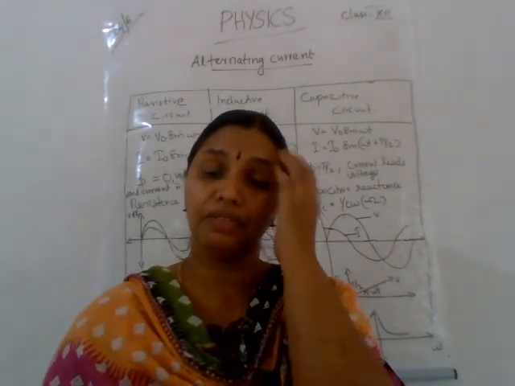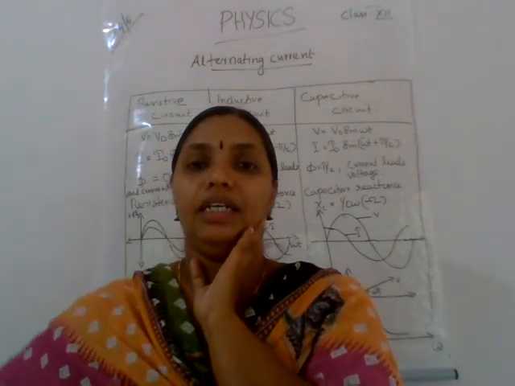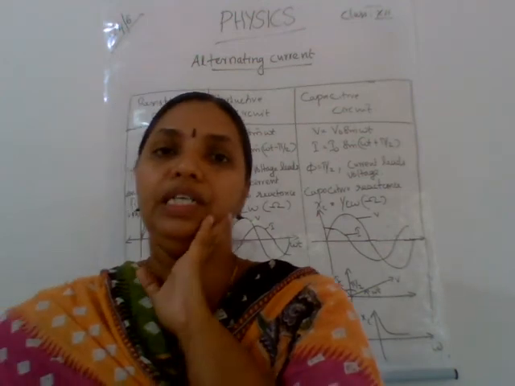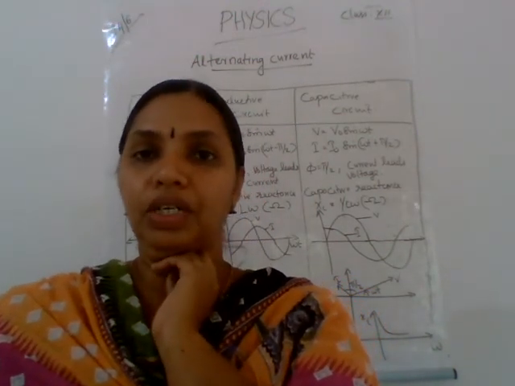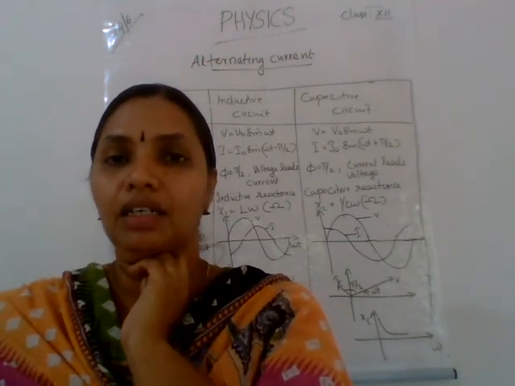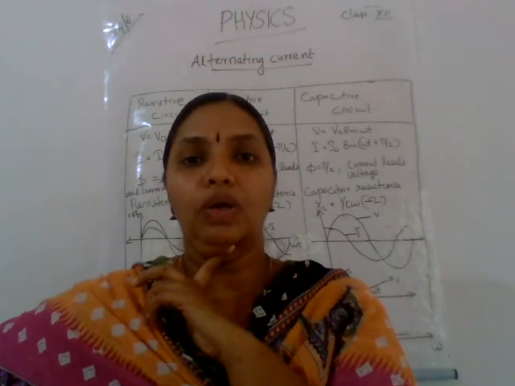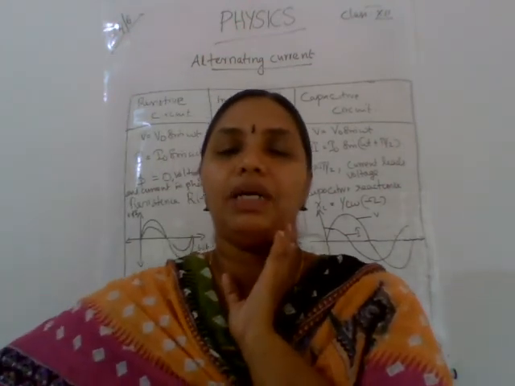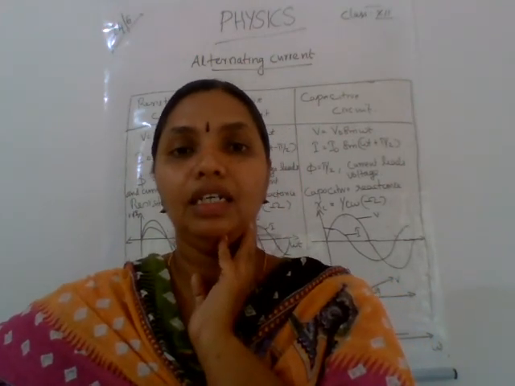Just on the basis of the phasor diagram, we find out the current and voltage, the phase relationship between voltage and current, and the opposition offered by the circuit to the flow of current. Which circuit? A circuit containing only the series combination of inductor, capacitor and resistor. We are calling it the LCR circuit.